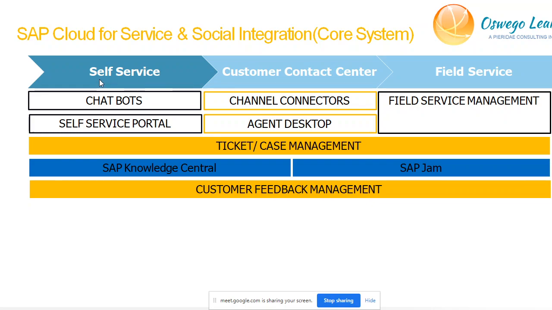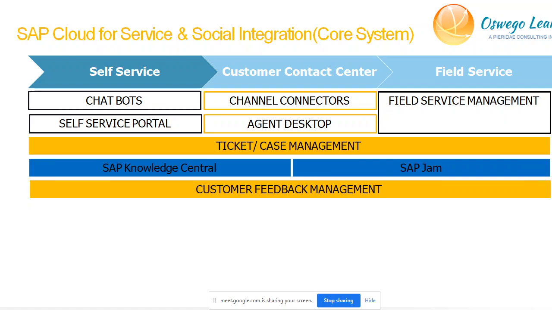Whenever we discuss self services, we call it no touch service. It is recommended with help from chatbots. So the chatbot concept is available. If the customer asks any questions, has any queries, they can chat with the system.